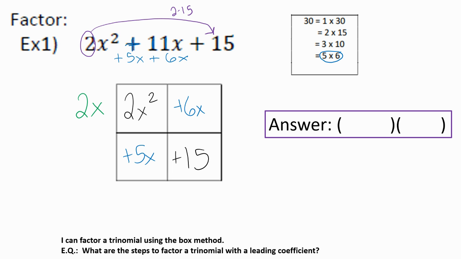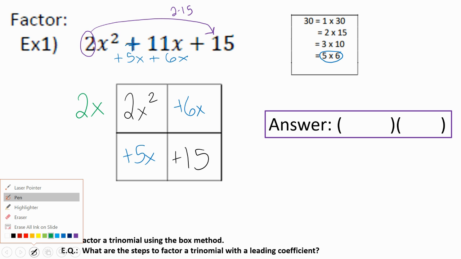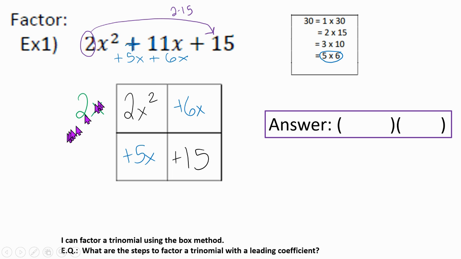And then once you fill that out, everything else should just kind of fill into place, because you know 2x times what is going to be 2x squared. So this has to be an x. And then you can go here easily. 2x times what is going to be 3x. So it's like a puzzle. You're just going to fill in the puzzle. Oh, well, you know, this is 3 times what is going to give you 15.